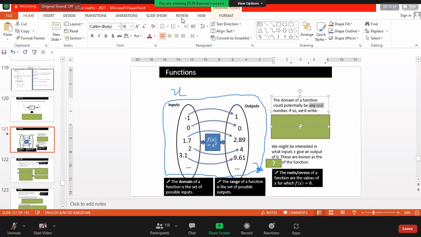Have you started talking about differentiation? Yes or no? Yes, sir. Is it over or is it still going? Still going, sir. Have you completed integration? Students? Yes, sir.